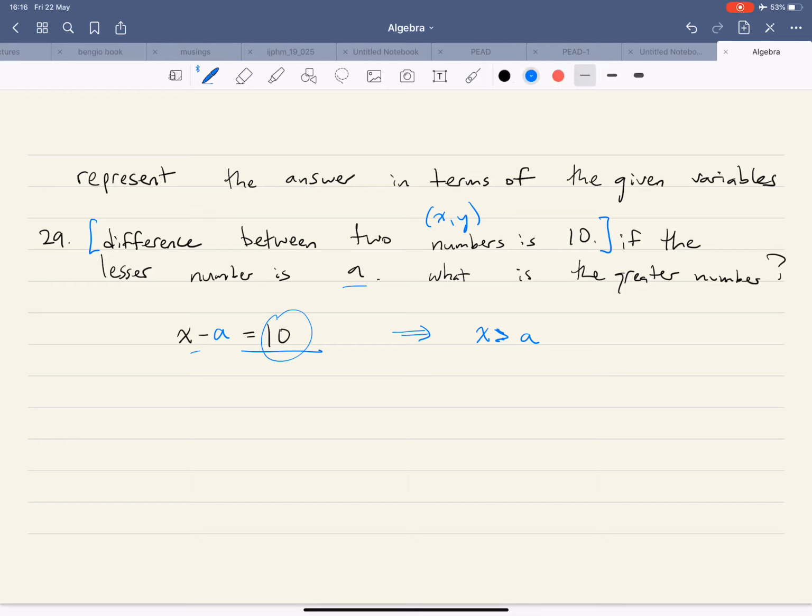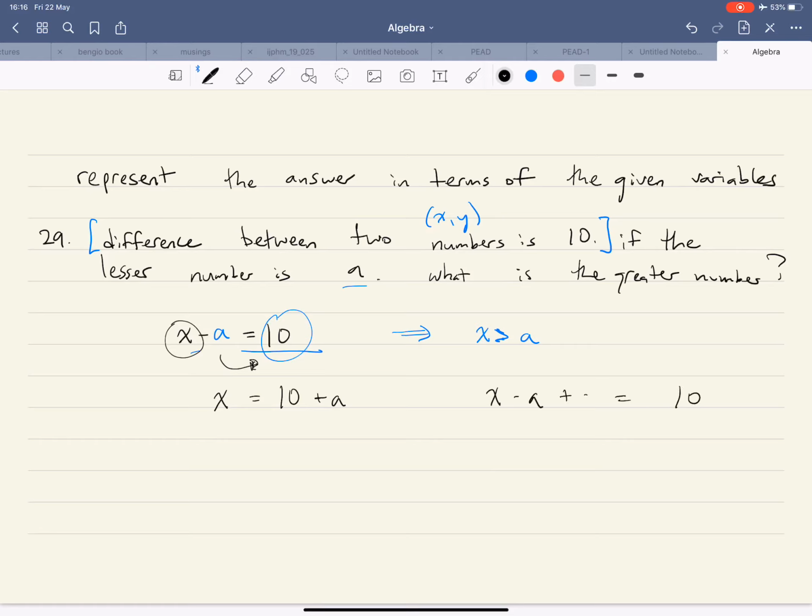And now it says, what is the greater number? Well, x is my greater number, and I can move my A over to this side of the equal sign so that I can isolate this x. When I do that, I get x equals 10 plus A. In order to move the A over, I started off with x minus A equals 10.